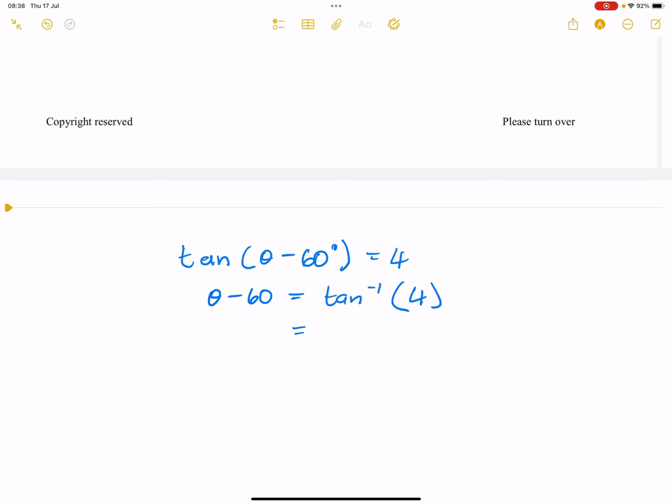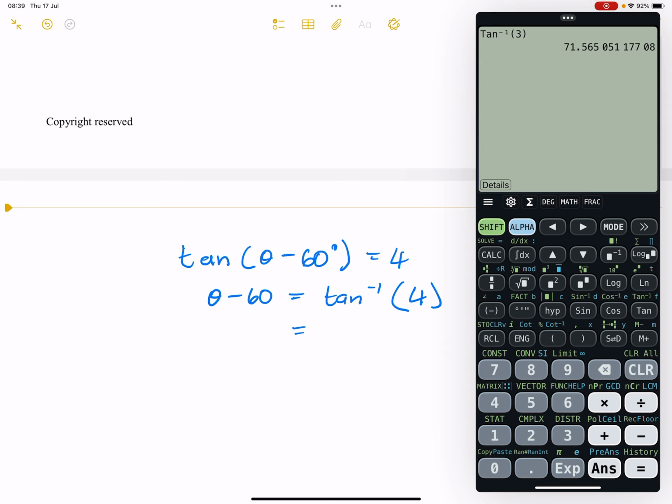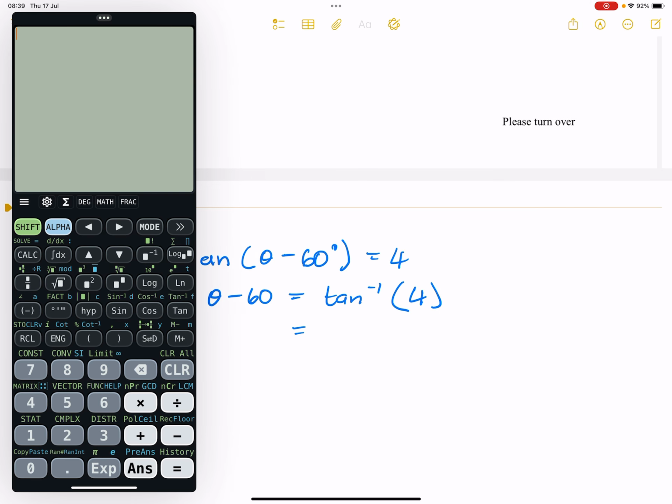Now, I want you to note when we are looking for the solutions for tan, there are two ways in which we can do that. We always can find what we call the reference angle, or the method that I use is just simply to say, for every solution for tan, we say plus k 180.